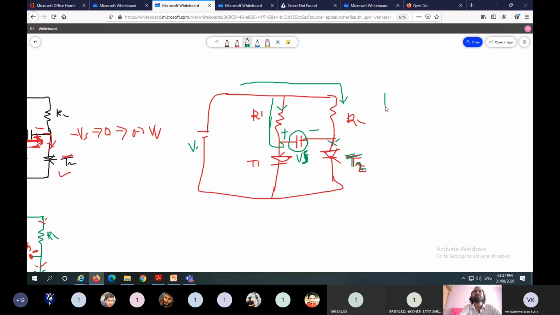Before reaching Vs, the total thyristor current IT2 equals IR1 plus IR2. This one is IR1 current, and this one is IR2 current.